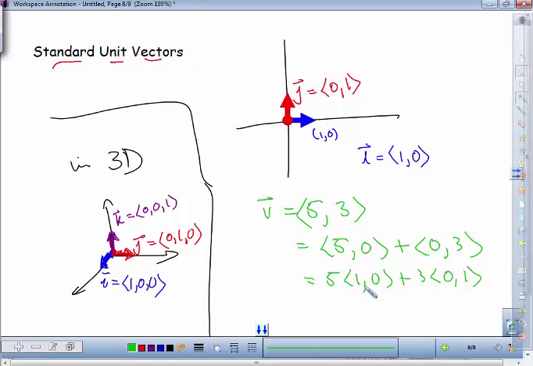What we have is 1, 0, which is I, and then we have 0, 1, which is J. And so now we can think about writing any vector as a linear combination of I's, J's, or in 3 dimensions, I's, J's, and K's.